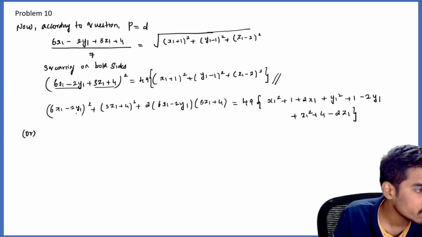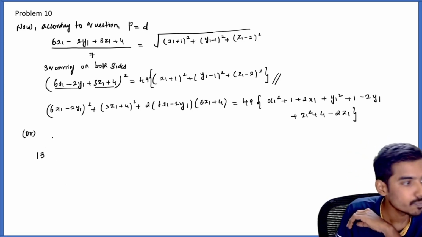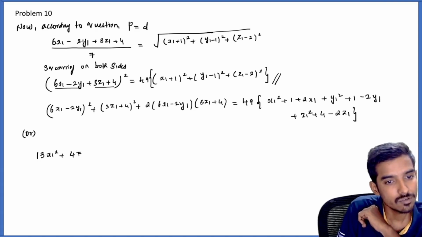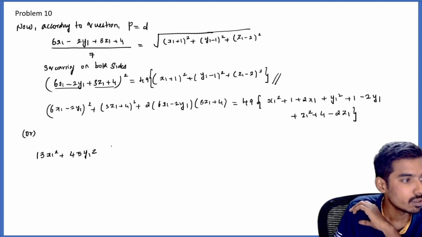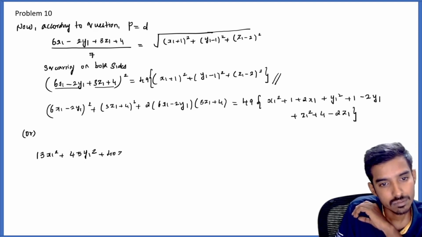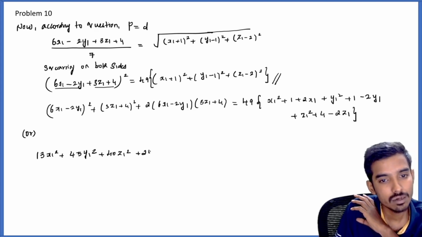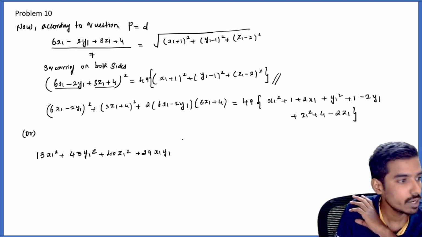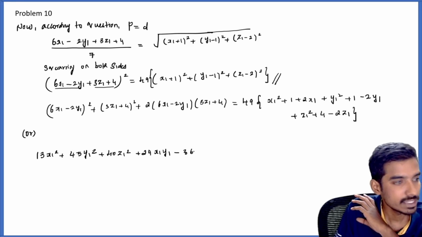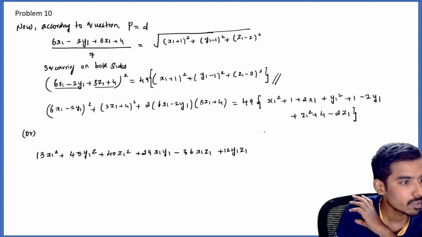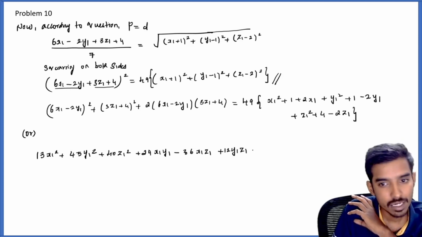Overall, it will be 13x1 square plus 45y1 square plus 40z1 square plus 24x1y1 minus 36x1z1 plus 12 times y1z1 plus 50x1.